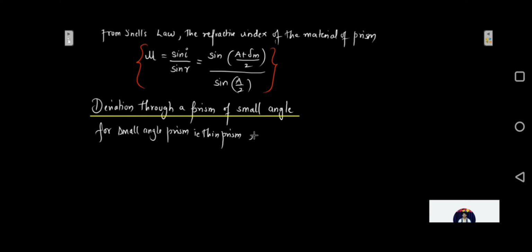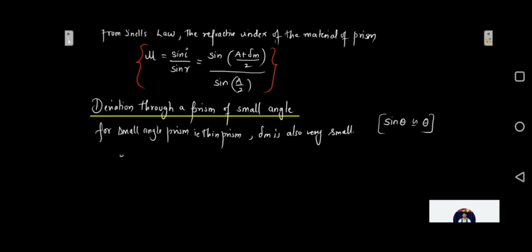That is, minimum deviation will be very, very small. So in this case, we are going to use the same approximation, that is sine of theta, sine of a small angle, is approximately equal to theta. This is the approximation we are going to use over here.